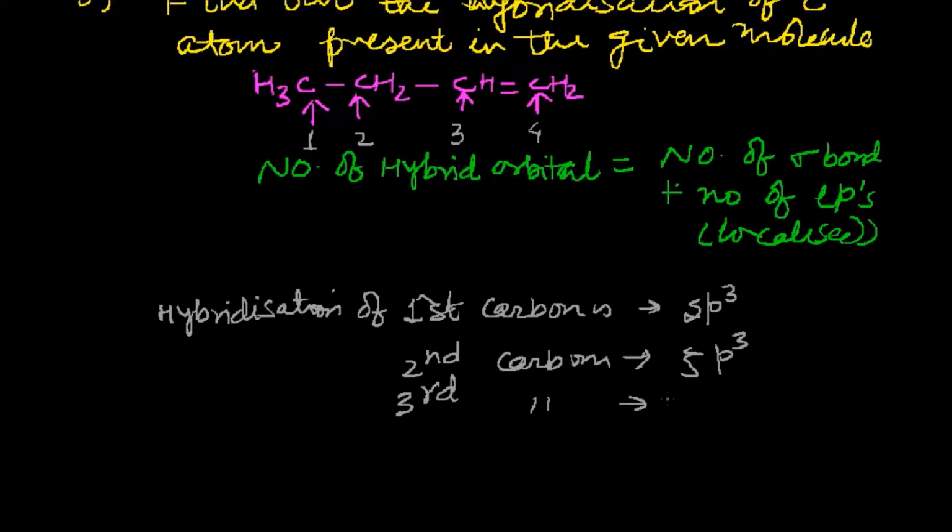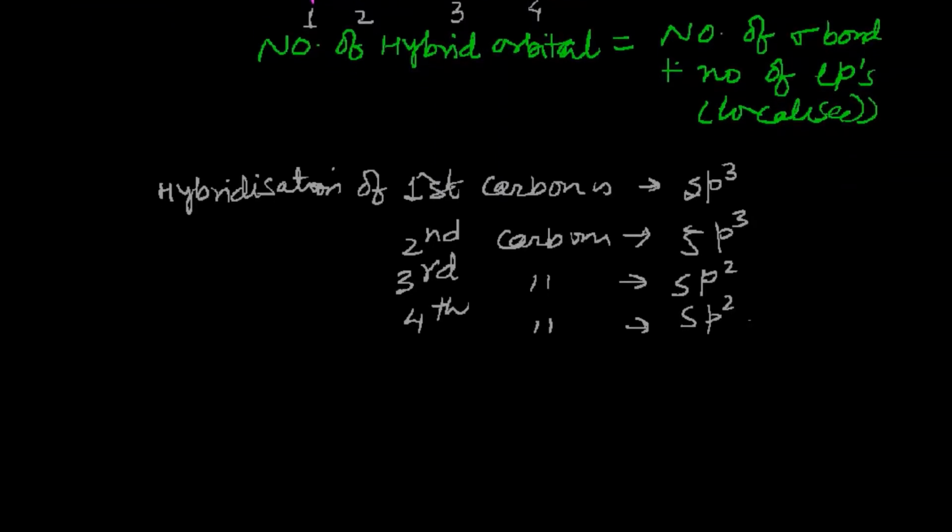We can find out the number of sigma bonds would be 3, and so it would be sp2, so that one orbital of s and 2p orbitals are mixed together to form 3 hybridized sp2 orbitals. And in case of fourth, again it would be sp2. So in this way we can easily find out the number of hybrid orbitals or the hybridization of a particular atom.